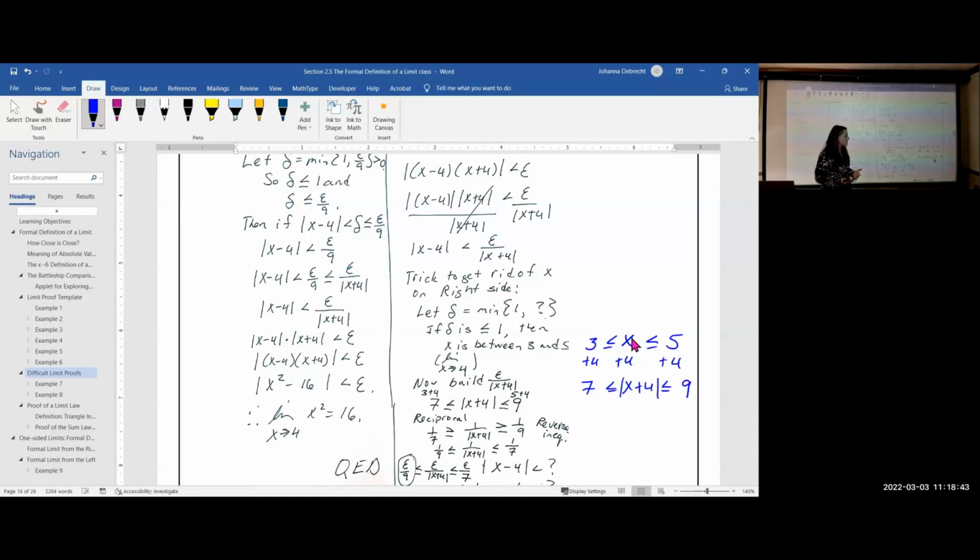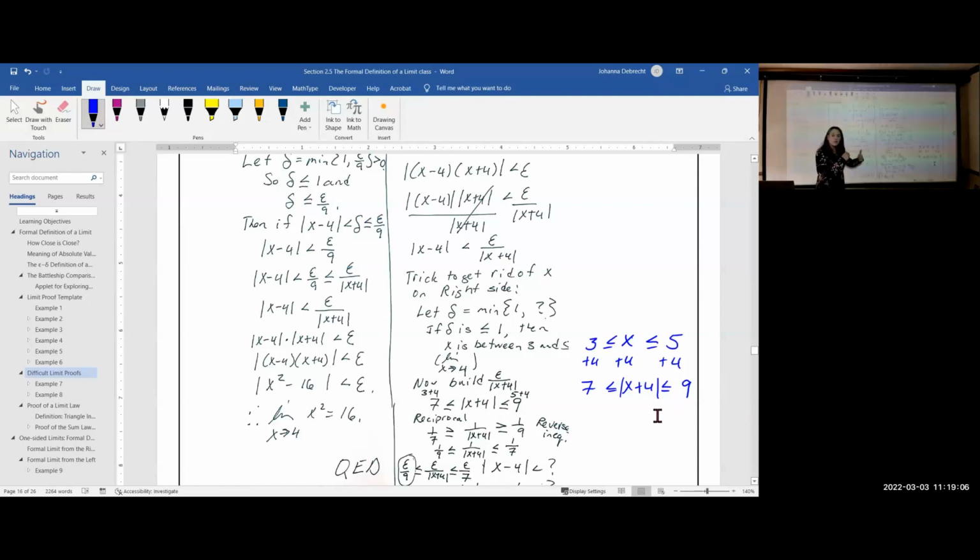So that's also true. Now, what I want to focus on is I want this to be larger than something else. So I'm going to focus on the right-hand side of the inequality.